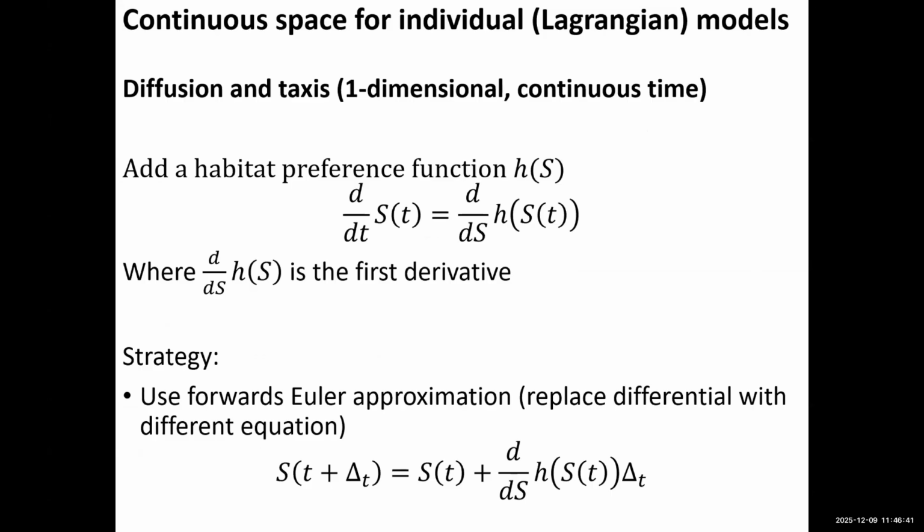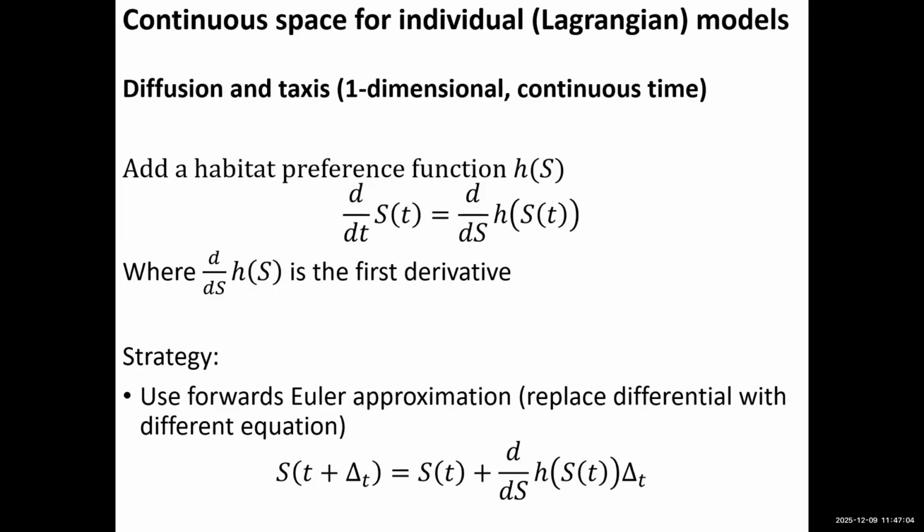The next step to add complexity is to think about this preference function. So the simplest way is replacing a constant drift term with this habitat preference function. And so the change over time in the location of an animal at a given time is the derivative of the preference function.